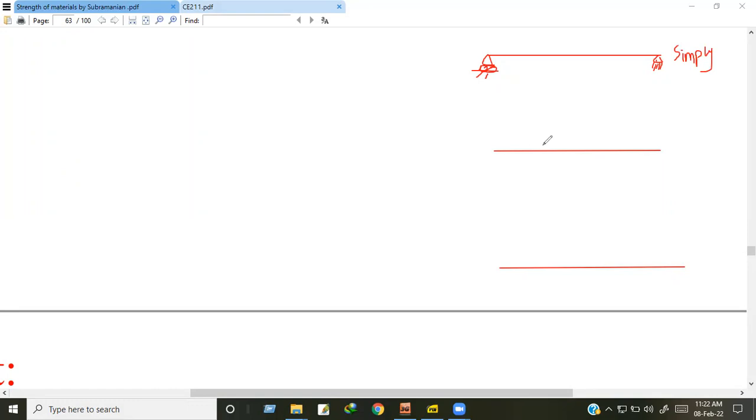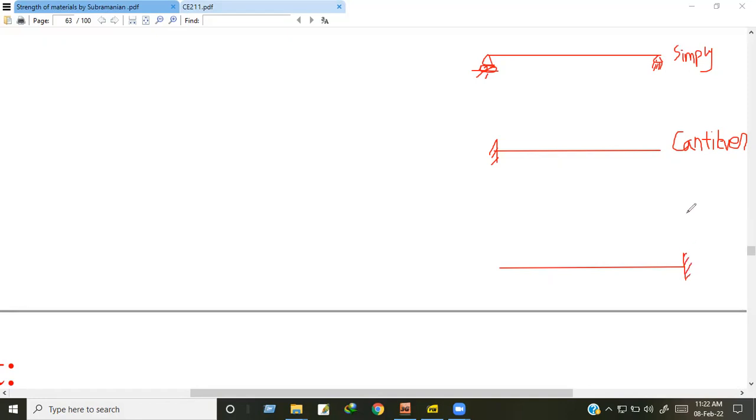But if I provide a fixed support here, then this is a cantilever beam. If I provide a support also here, this is also a cantilever beam.